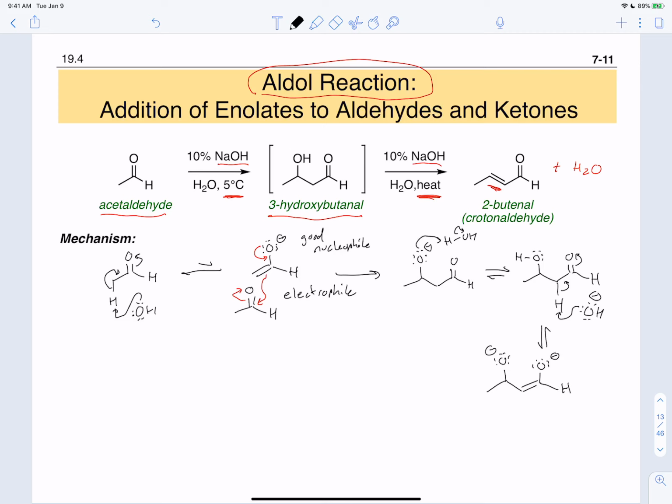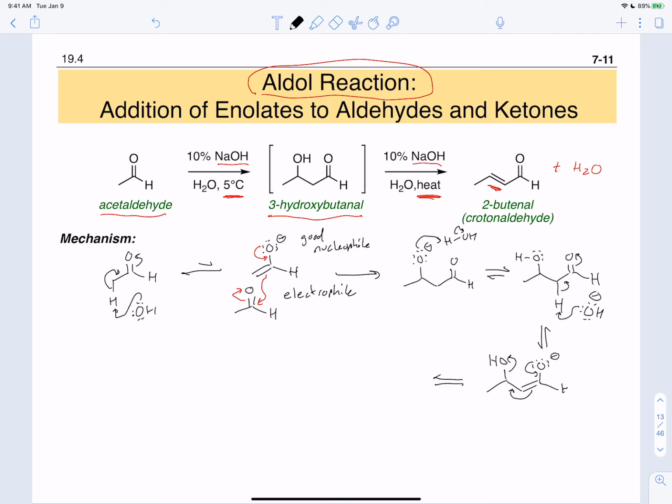So rather than do an intermolecular reaction with another molecule of aldehyde around, now it has another option. I apologize, this is not charged. This is still an alcohol. And so now we have a discrete negative charge on this enolate that's very basic, and it is able to do an intramolecular elimination of the hydroxide.